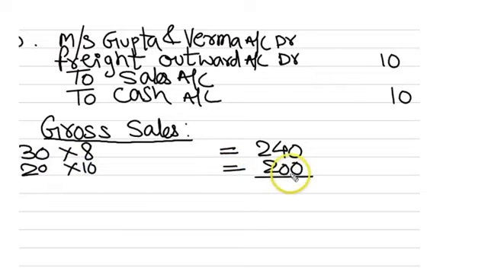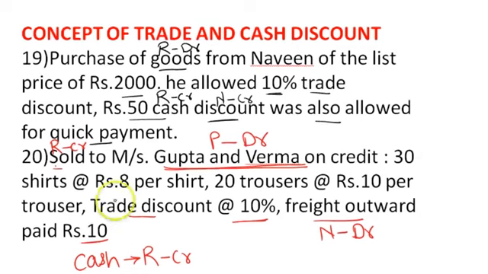Alright, so I need to add this, this comes to 440. This is the total gross sales. And trade discount of 10% is allowed.